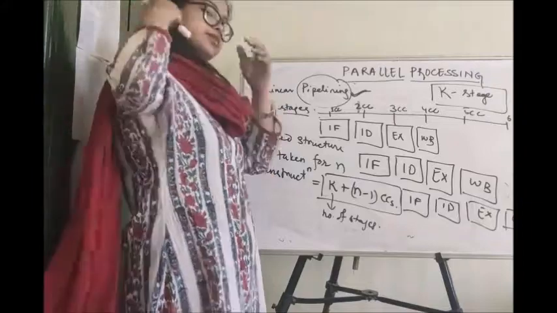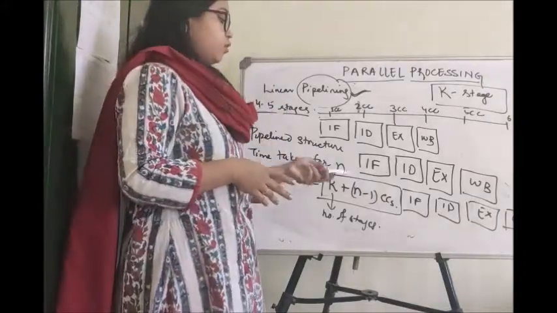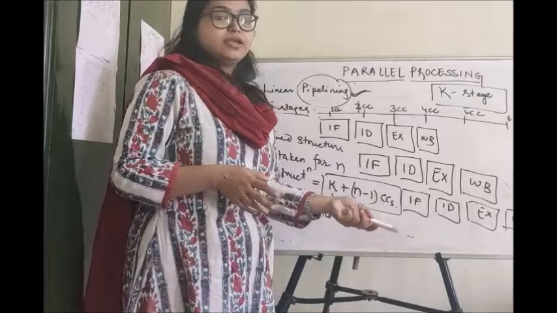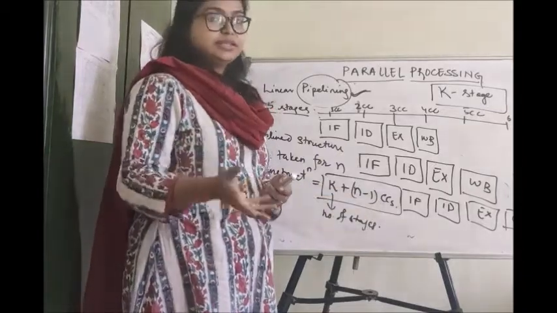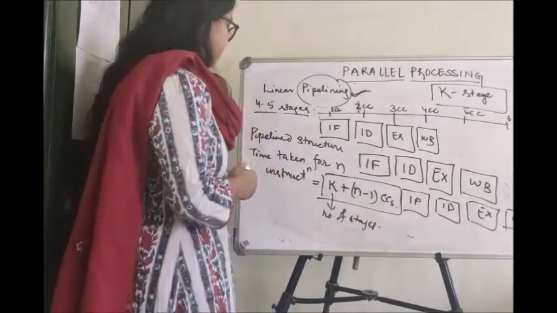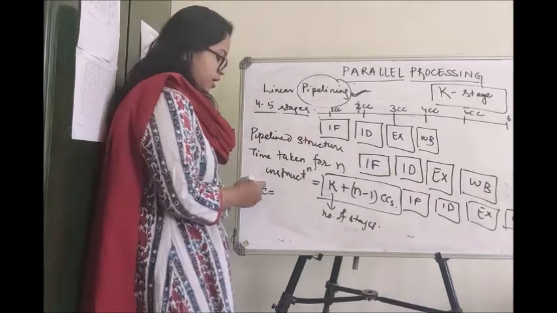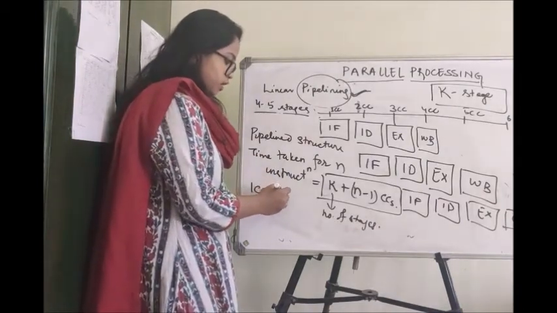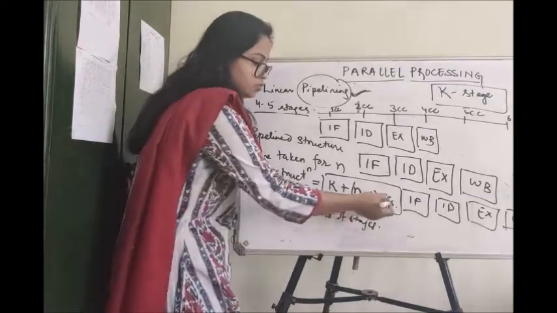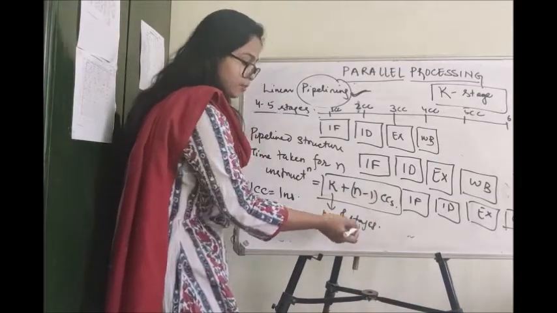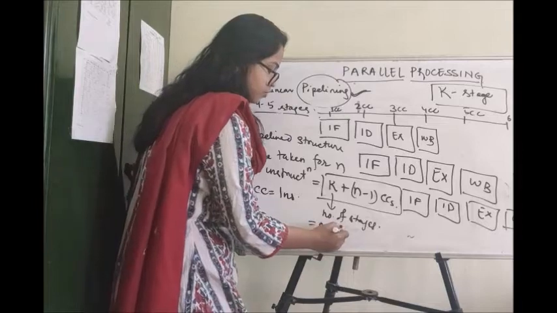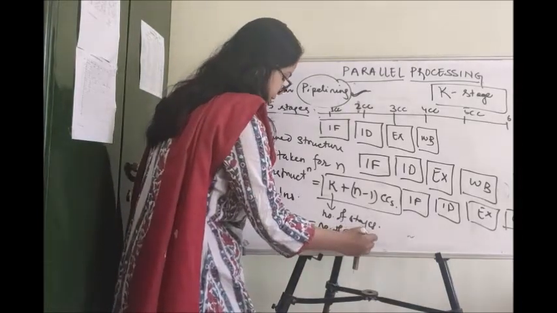Now if someone asks about time, what is the time taken in terms of nanoseconds or milliseconds, then you have to define what the clock cycle is, what the time period is. If one clock cycle is suppose 1 nanosecond, then you just have to multiply the number of clock cycles into TP, the time period.